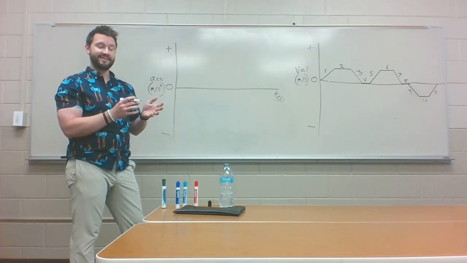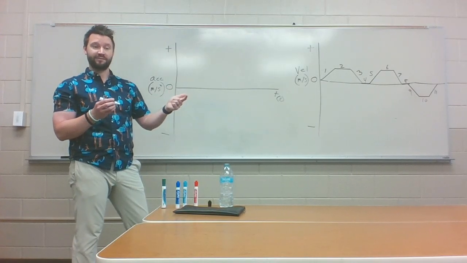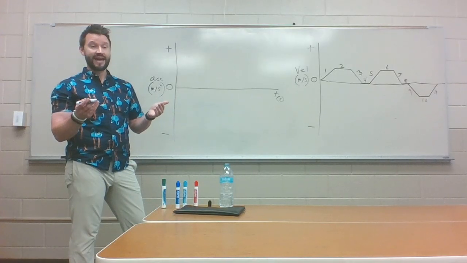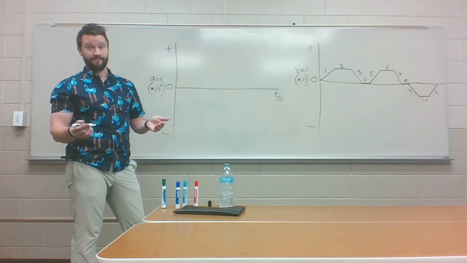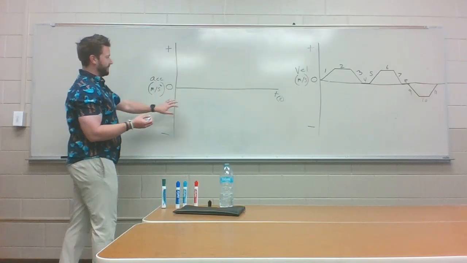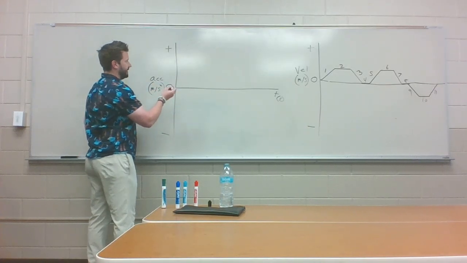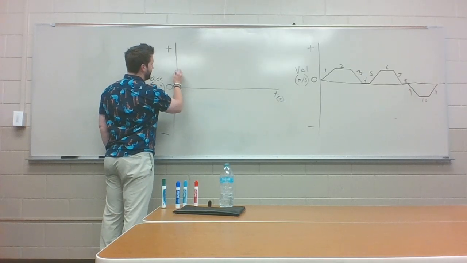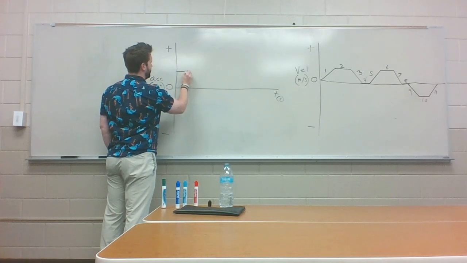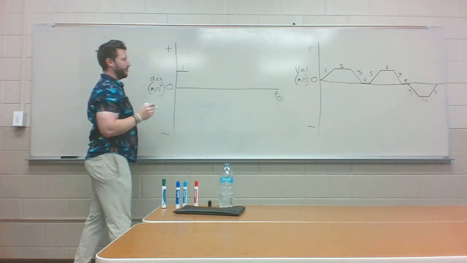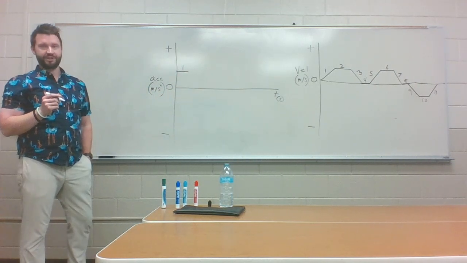Think back to your 4 cases, speeding up in the positive direction. What kind of acceleration is that? Positive acceleration. So we come back over here, we're going to be on the top half. Again, dashed line to represent part number 1 of a positive acceleration.